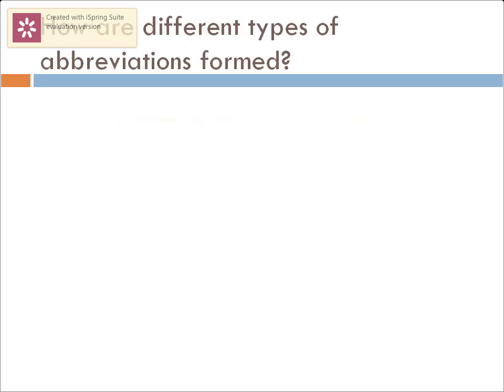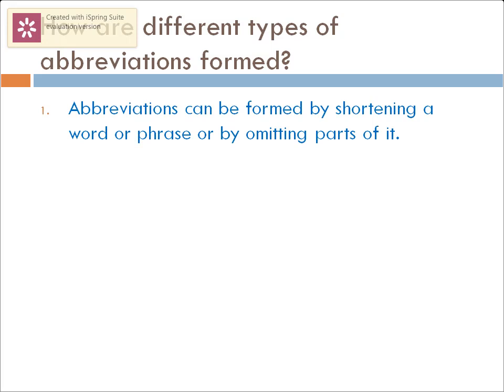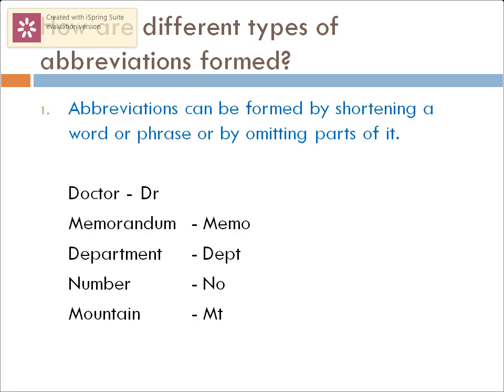Now, how are these different types of abbreviations formed? Abbreviations can be formed by shortening a word or phrase or by omitting parts of it. For example, doctor is the complete word, but it is abbreviated as Dr. So here it is formed by shortening the word.